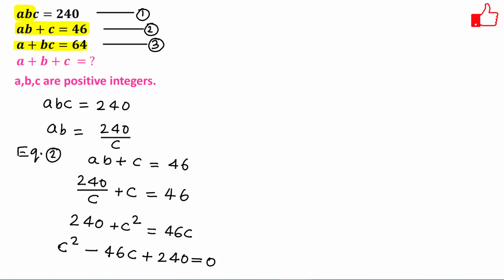I am looking for two numbers whose sum is 46 and product is 240. So these two numbers are 40 and 6. So you can write C square minus 40C minus 6C plus 240 equals 0.